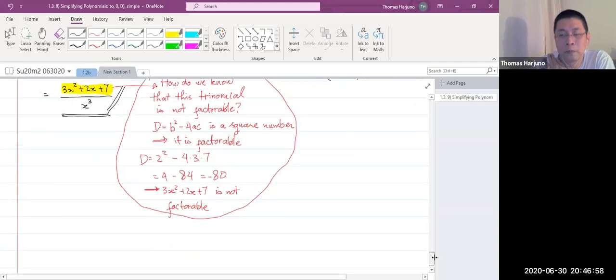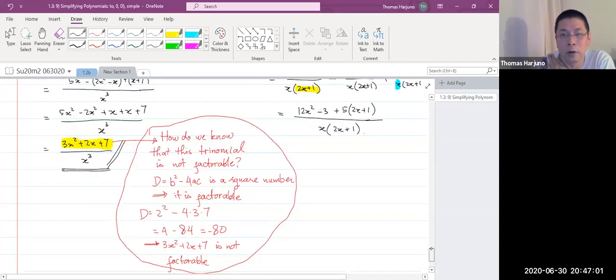Distribute, I will get 12x squared minus 3 plus 10x plus 5 over x times 2x plus 1. So I get 12x squared plus 10x plus 2 over x times 2x plus 1.